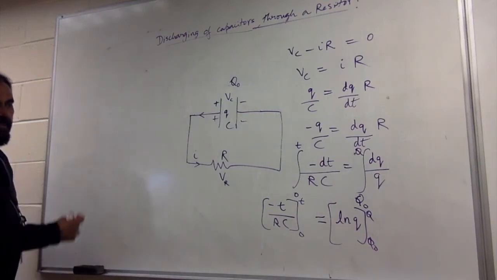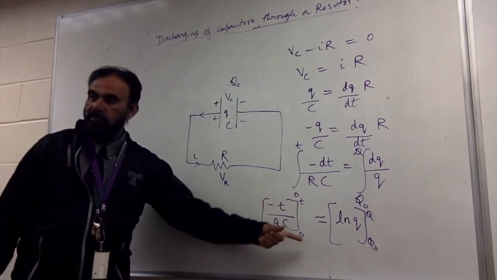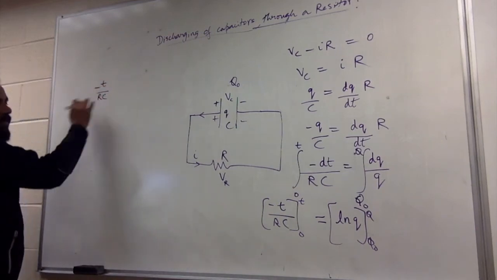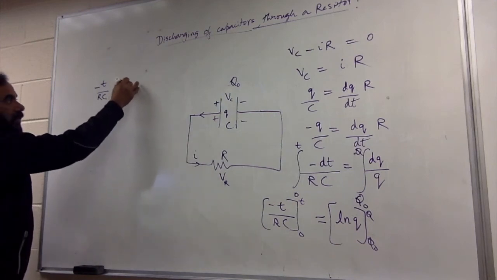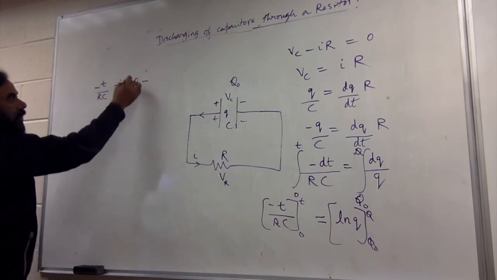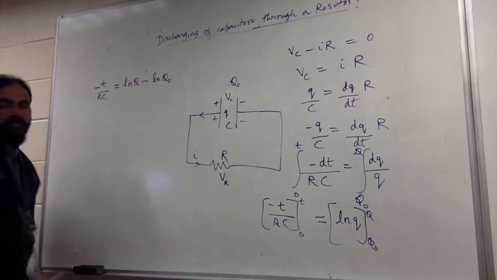If I put t over here, then you get the same expression. Put 0 with 0, right? So finally you have minus t over RC is equal to, putting the limits, natural log of q minus natural log of q naught, right?